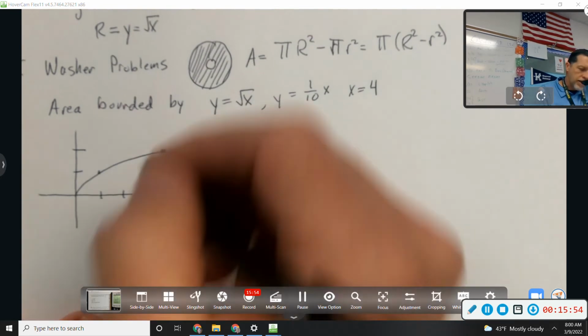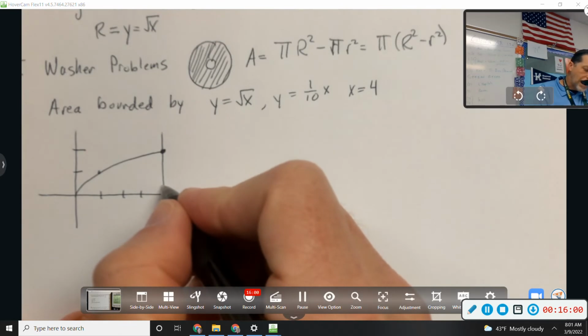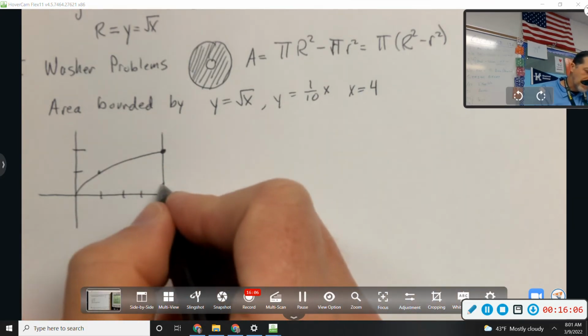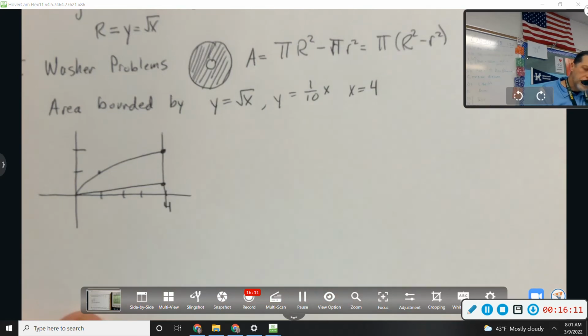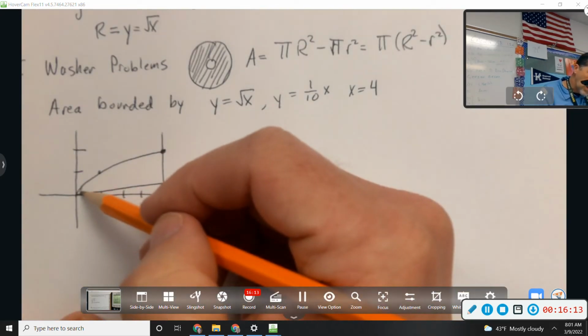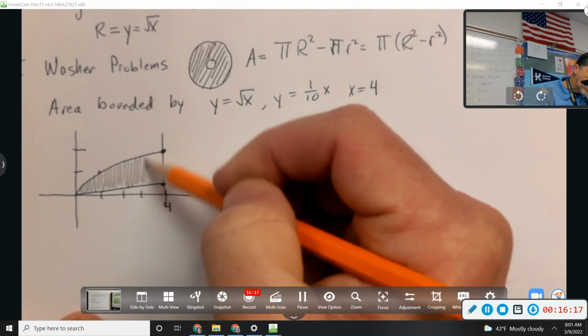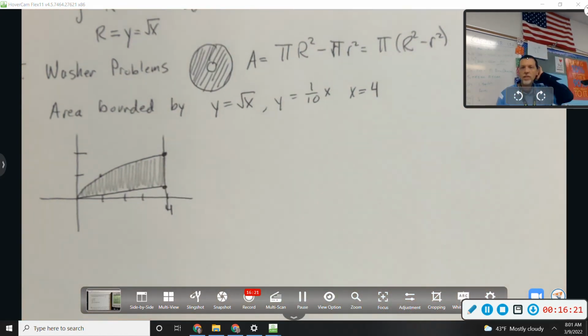X equals 4 is pretty easy. 1/10 x, that means when I'm out at x equals 4, my y value would be 4/10, so my y value would be pretty low. So there's my base area. Again, we're doing the exact problem that we looked at on YouTube.